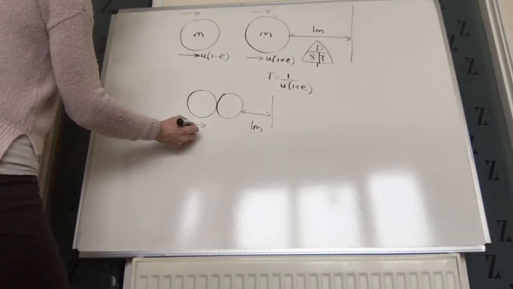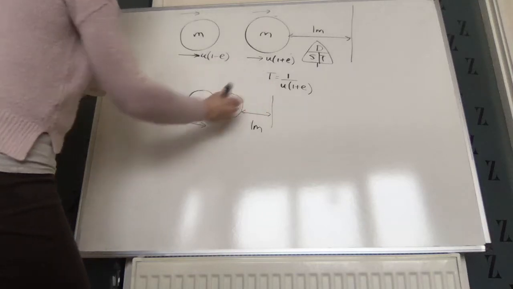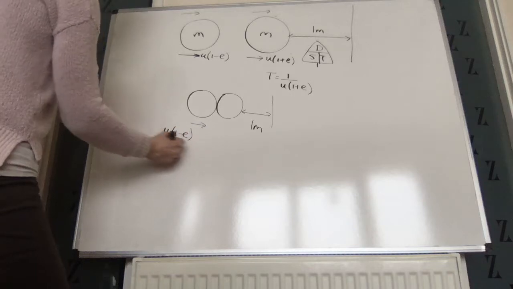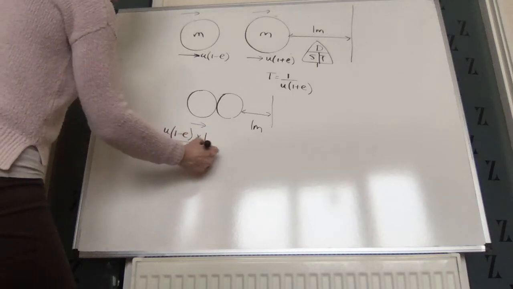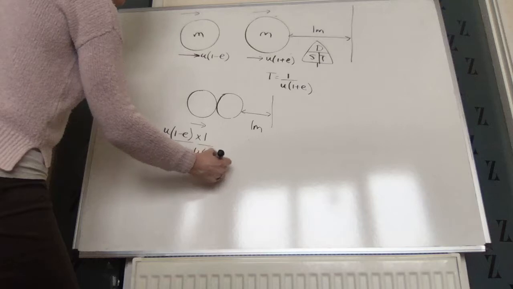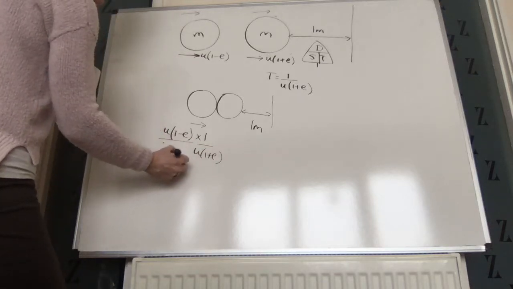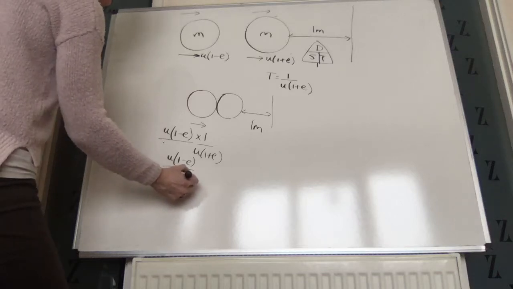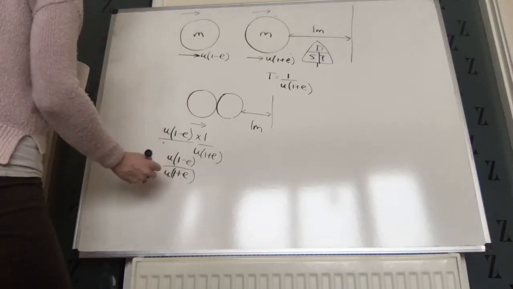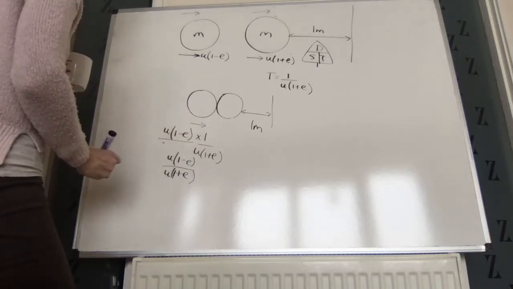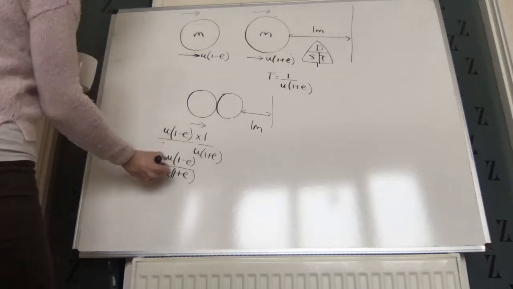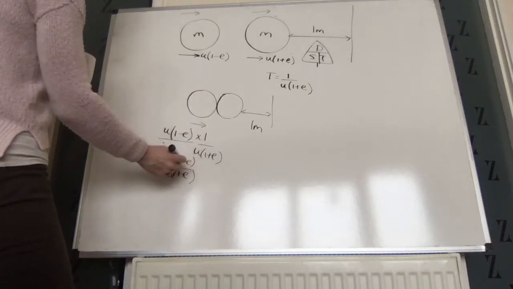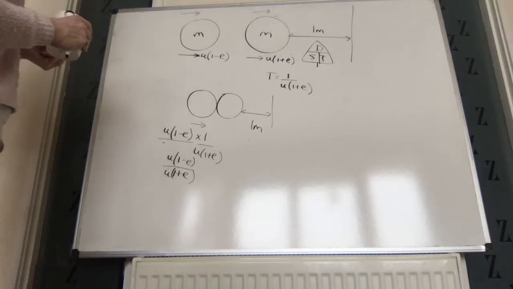Distance is speed multiplied by time, so it's u times 1 minus e over u times 1 plus e. The two u's divide out, so the distance travelled by this one is 1 minus e over 1 plus e.